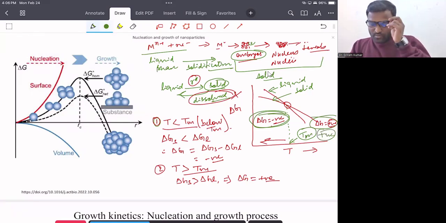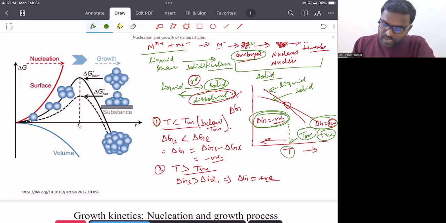So this is about the solidification process from liquid to solid. If you want to develop nanomaterials, the temperature should be below the melting point temperature, which means delta G for the solidification process is negative.